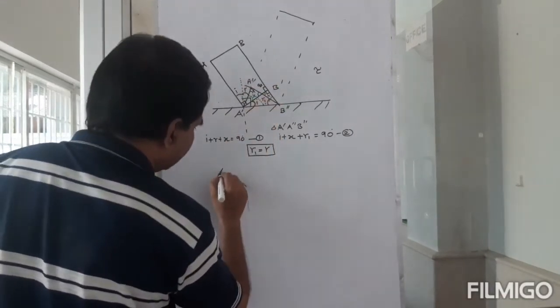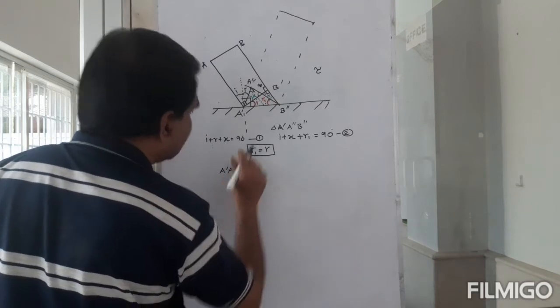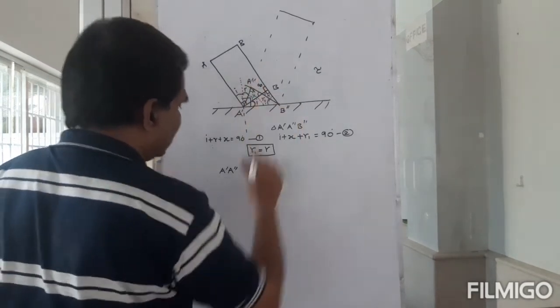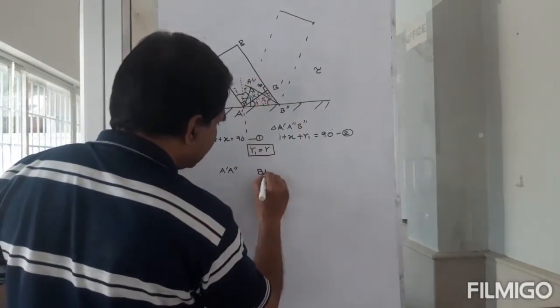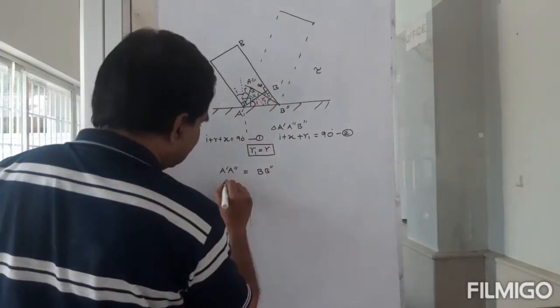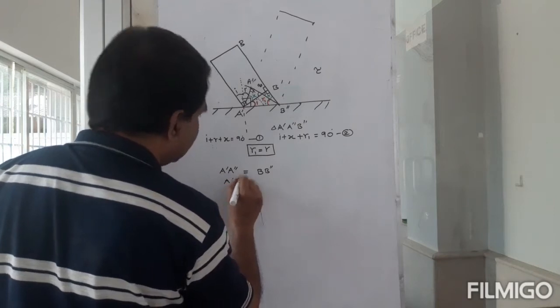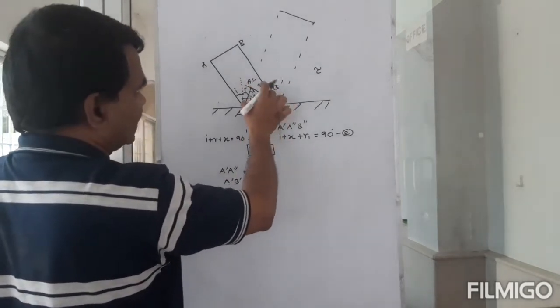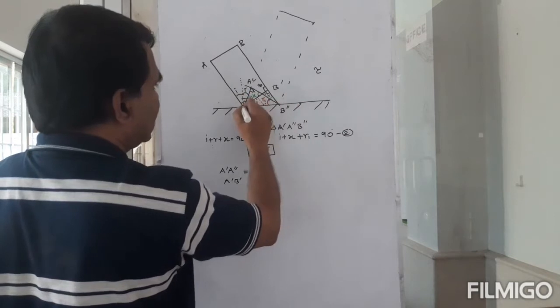Length A dash A double dash is equal to B dash B double dash. And then A dash B dash is common for both these triangles.